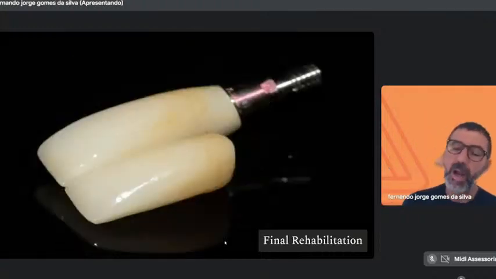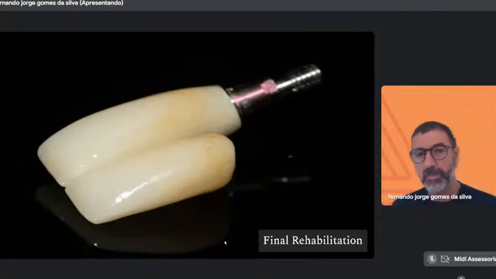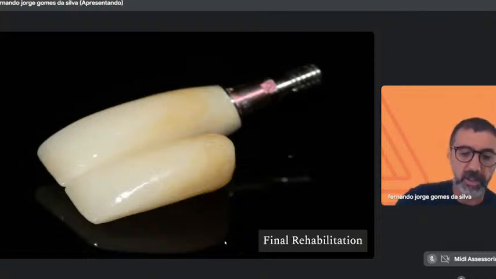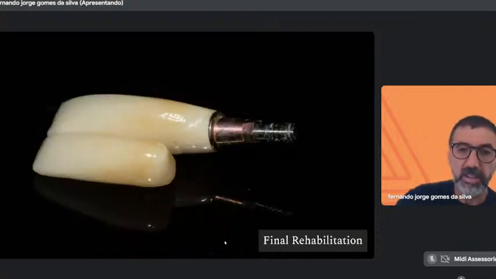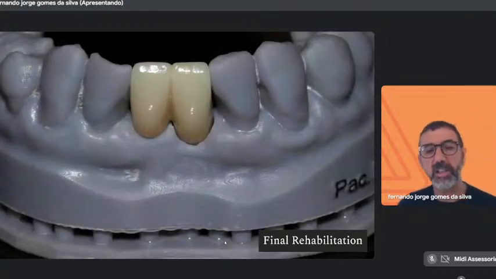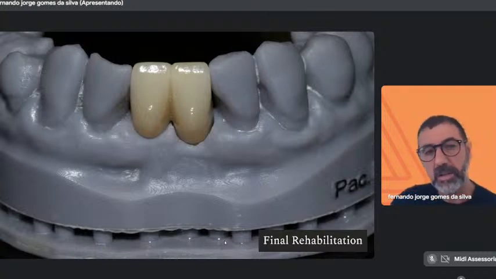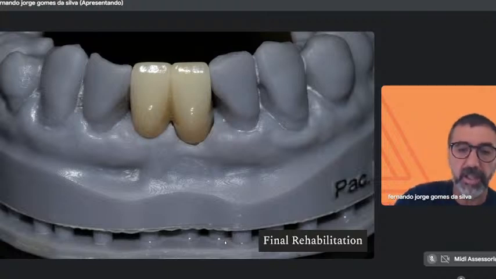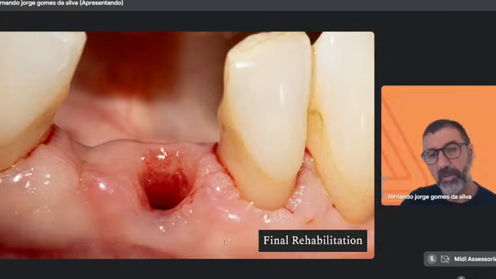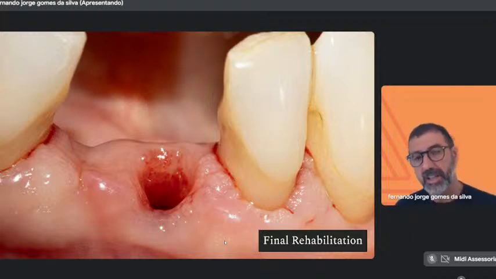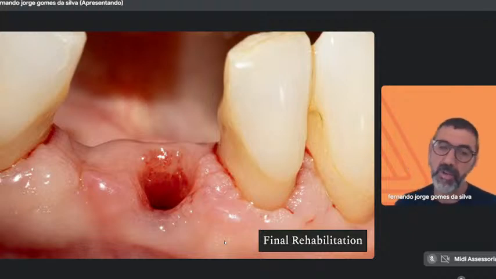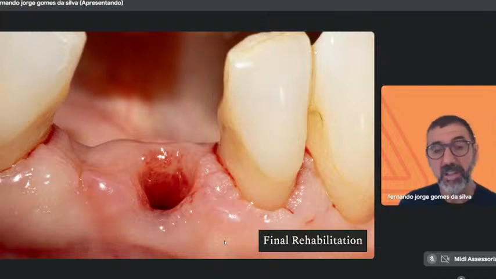And one lower rehabilitation with a cantilever of anterior implant. This is the final rehabilitation. In the printed 3D model, we work all cases with the scanner, the digital way, and this rehabilitation came from the emergence profile that I made 8 weeks before with immediate provisionalization.